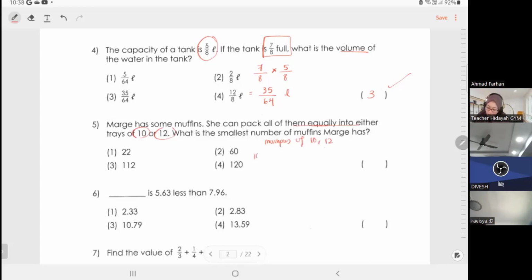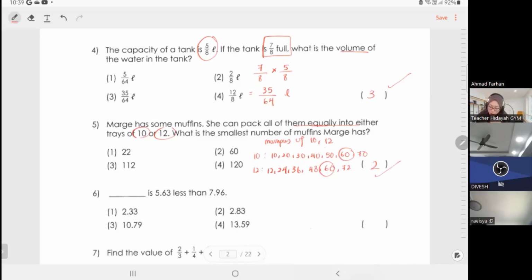So 10, you can put down 10, 20, 30, 40, 50, 60, 70. 12 will be 12, 24, 36, 48, 60. Okay. And 72. All right. So which one is the common or smallest one? It is actually 60. Number 2 is your answer. All right. Mark if you get this right.